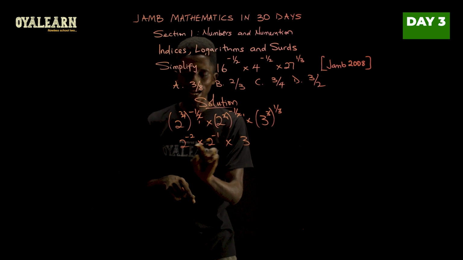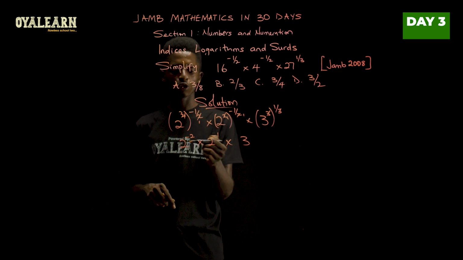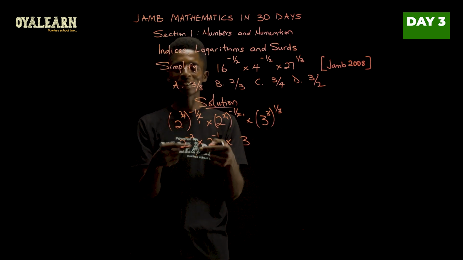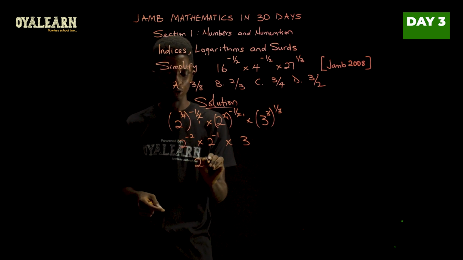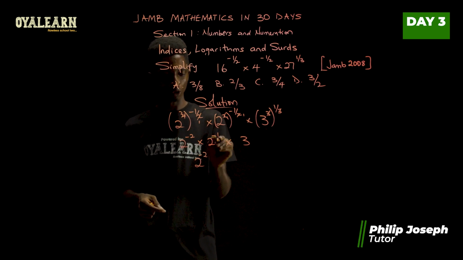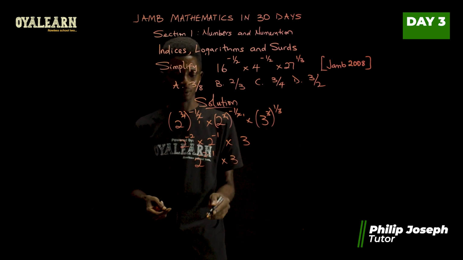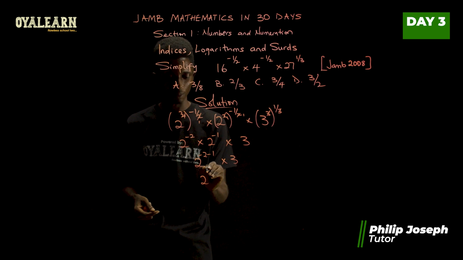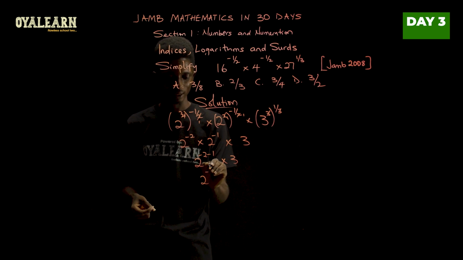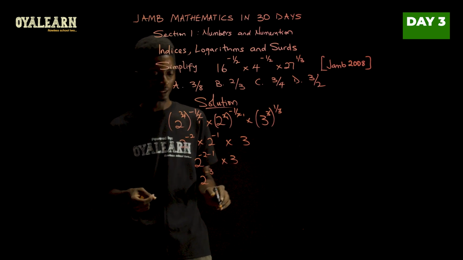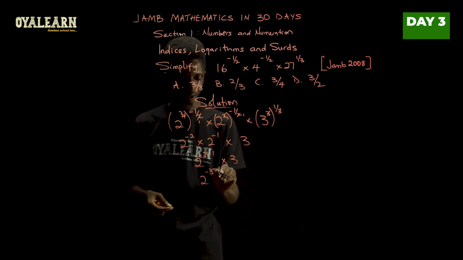Now, looking at this that have the same base, we apply the laws of indices, which implies that we are going to add the powers. So here we're going to be having 2, then minus 2 plus minus 1, which is minus 1, then times 3. Now this would give you 2 with the power of minus 3 times 3.